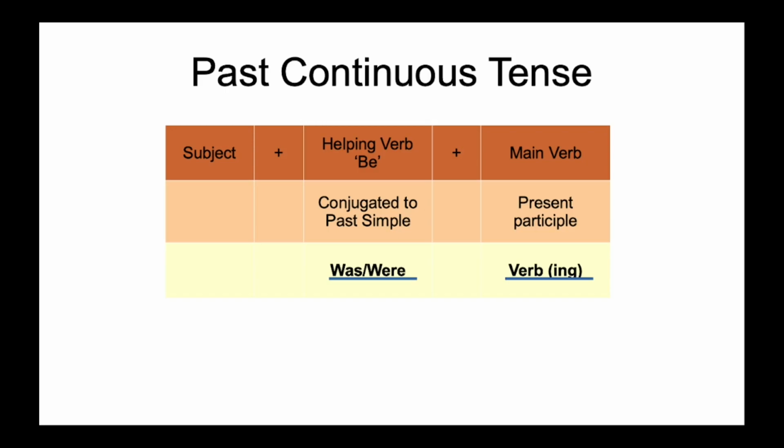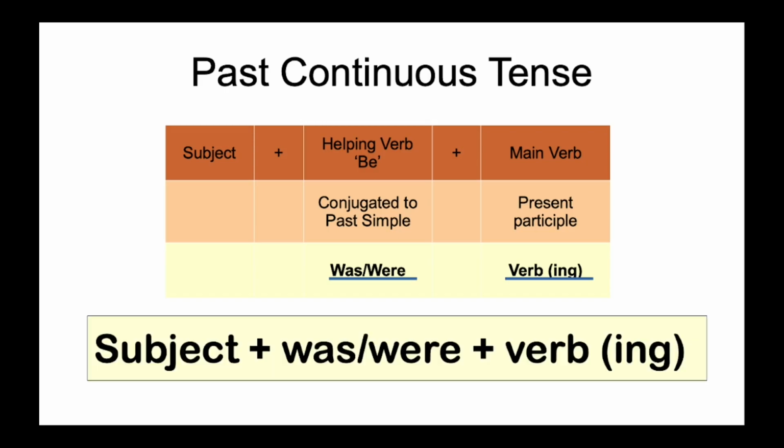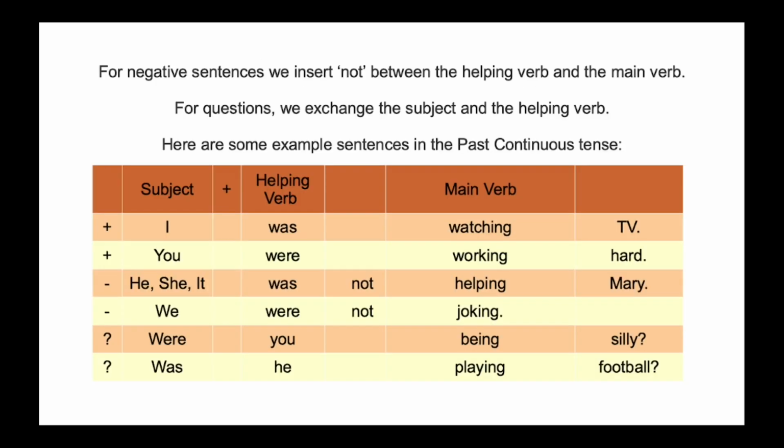To make it simple, just remember the sentence pattern: subject plus was or were plus verb ing. For negative sentences, we insert not between the helping verb and the main verb. For questions, we just simply exchange the subject and the helping verb.